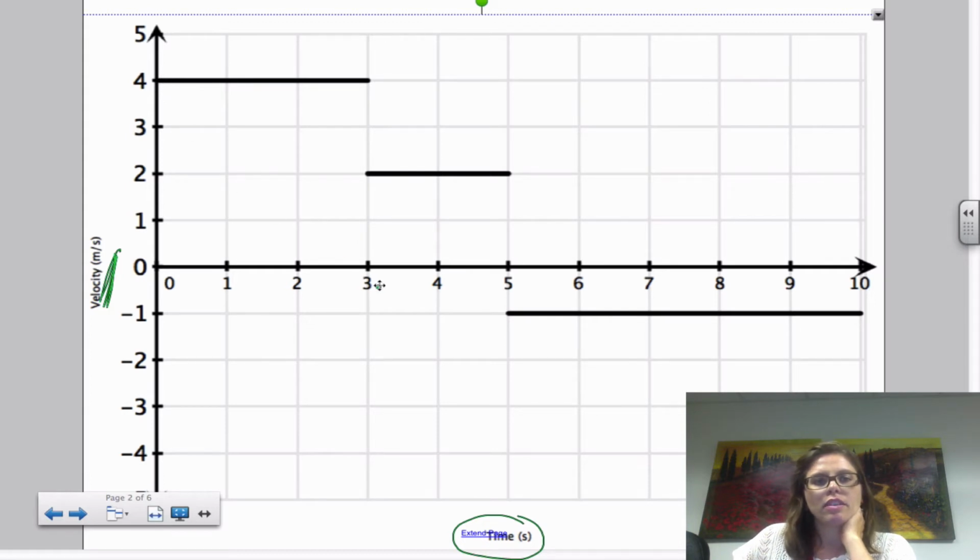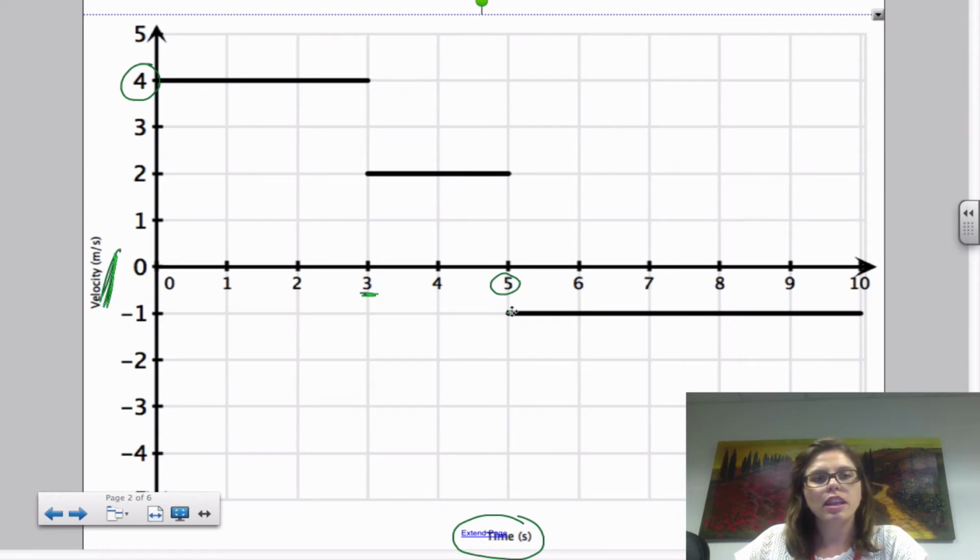It tells us for the first 3 seconds, remember the horizontal axis is time in physics, we are going 4 meters per second in the positive direction. And for the next 2 seconds, 3 to 5 seconds, we are going 2 meters per second in the positive direction.